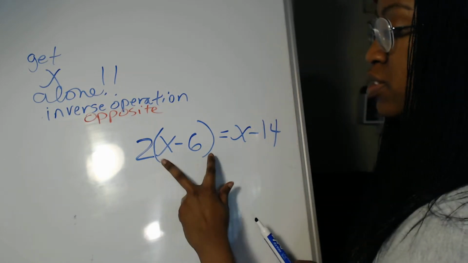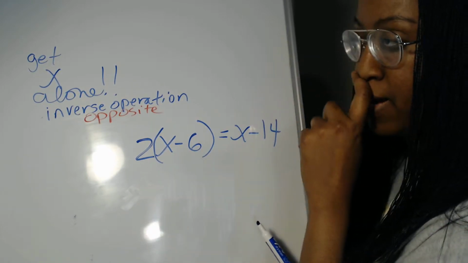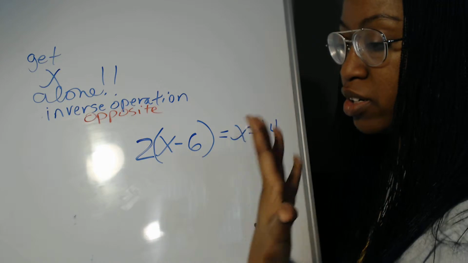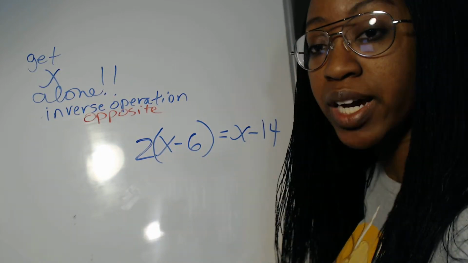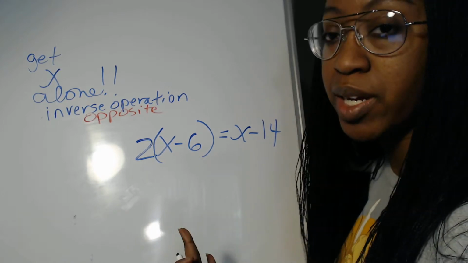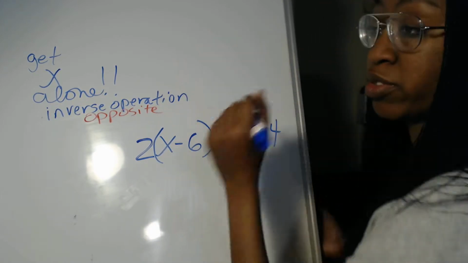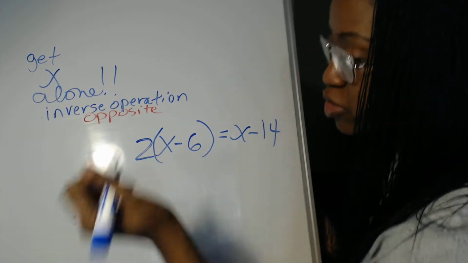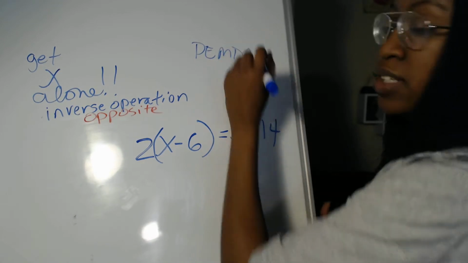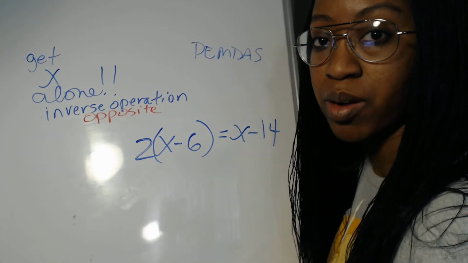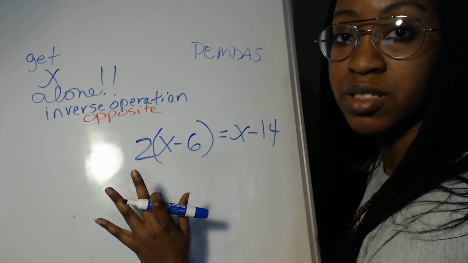First thing, especially with algebraic equations, we need to utilize what we call PEMDAS or GEMDAS, depending on if your teacher taught you about that particular rule. PEMDAS, from elementary school, which represents our order of operations, the order in which we solve equations.